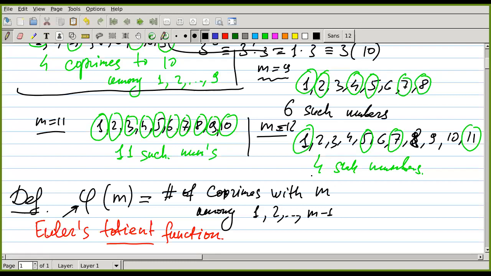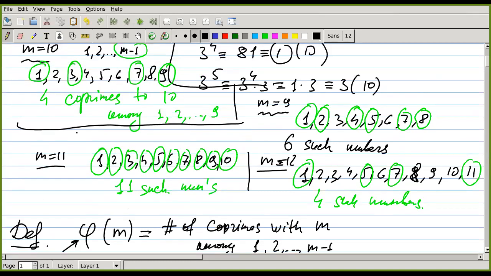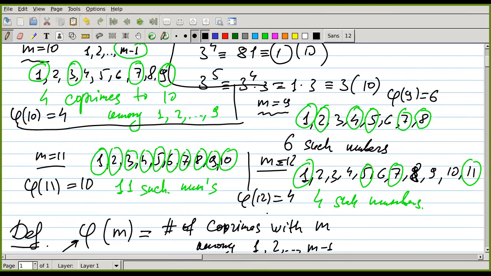We see that the behavior of this function is quite complicated. Say for 9, it returns 6. But for 10, it is just 4. For 11, it is 10. And for 12, it is 4 again.